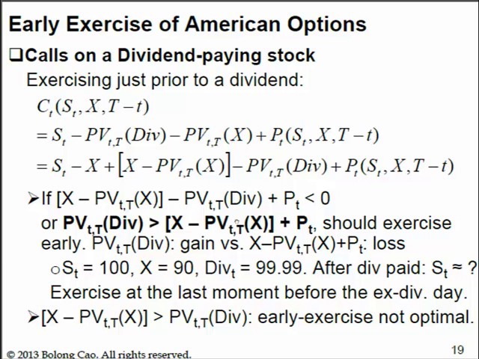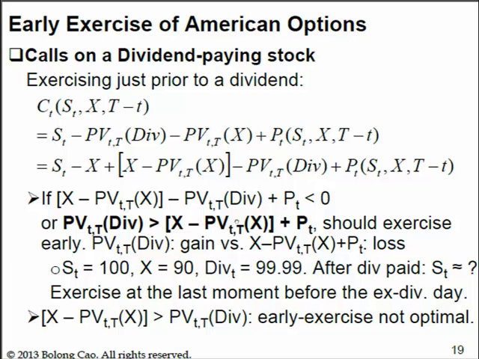Then what do you do? You exercise it early, at least at the last moment before the ex-dividend date. Get your $10 in-the-money amount. The underlying is now worth $100.